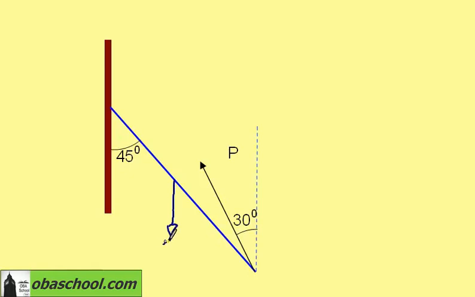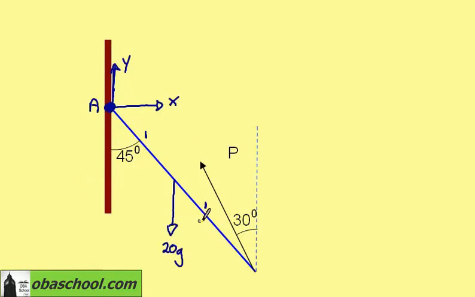The weight of 20g acts at the center of the rod because the rod is uniform. If we consider the hinge here, the components of reaction can be dealt with, as in the previous example, by calling them X and Y. We'll call this point A, and we're going to take moments about this point.